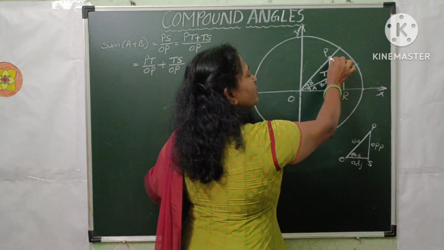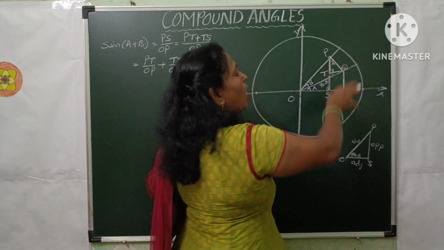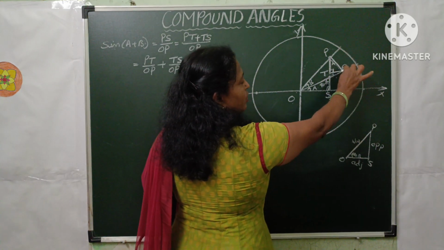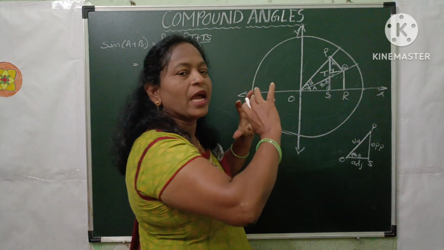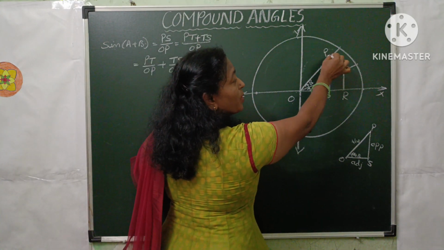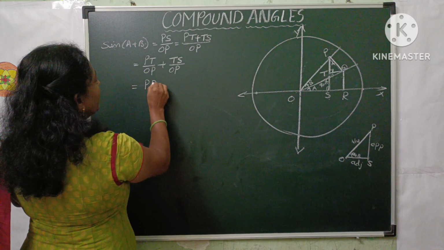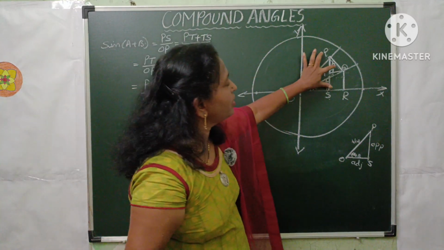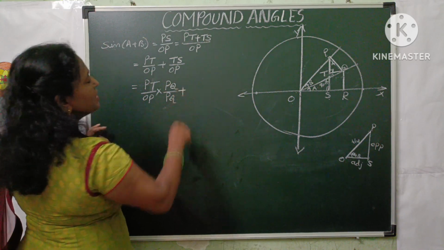But PT and PQ are sides of the same triangle, and OP and PQ are sides of the same triangle in the big triangle OPQ. So multiply the numerator and denominator of PT by OP with PQ, giving PT by PQ into PQ by OP.